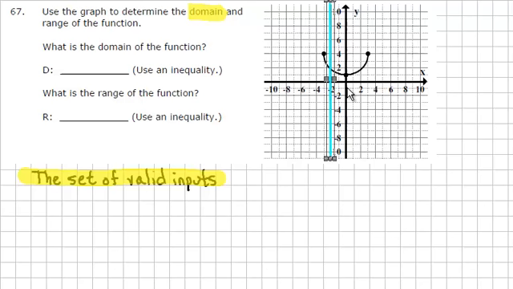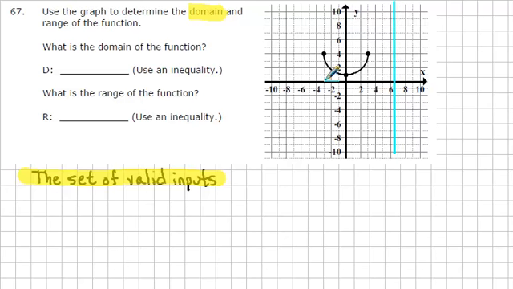After that, -2 is a valid input, -1 is a valid input, 0 is a valid input, all the numbers between 0 and 1 are valid inputs, and we continue to get valid inputs until we reach the number 3. Once we go past 3, the vertical line no longer intersects the graph and the numbers are no longer valid inputs. So the valid inputs range from -3 to +3.